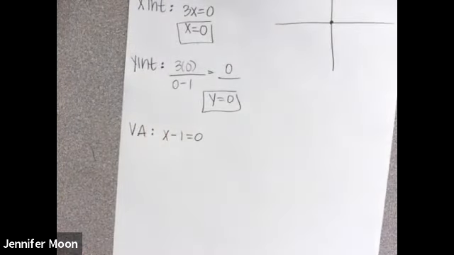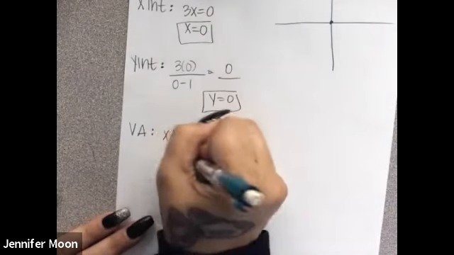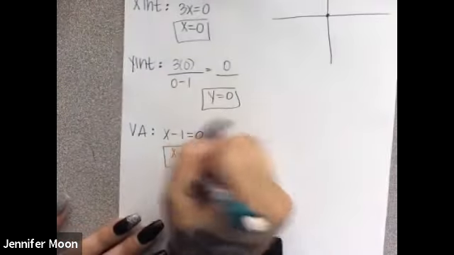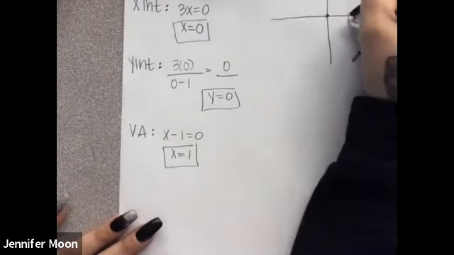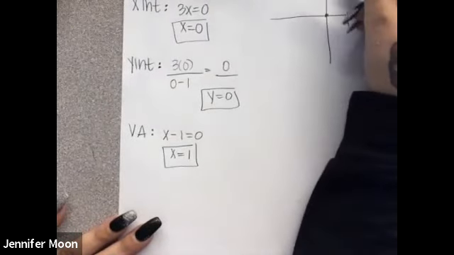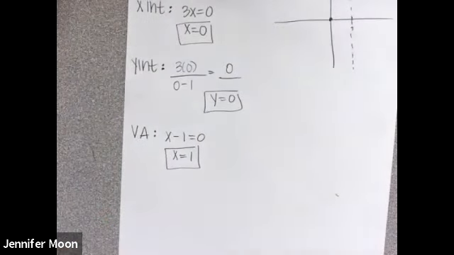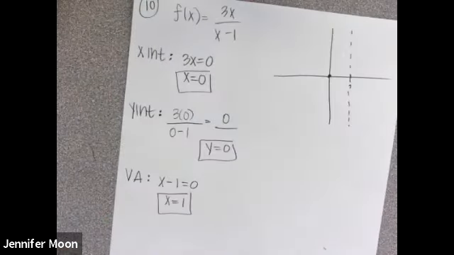So that's this, which would give me what? 1. What that means is at 1, we have a dotted, dashed, slashed, whatever line on your little graph. I go ahead and mark that because that would be something that would stand out to me. That's something I'm looking for, okay? On your calculator, it doesn't show you these lines.